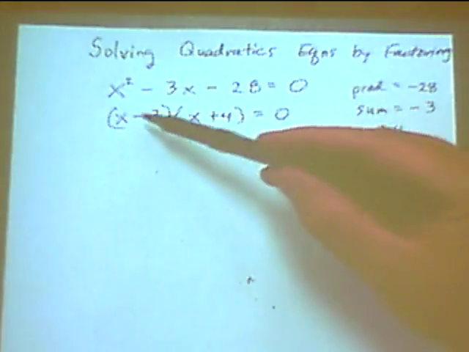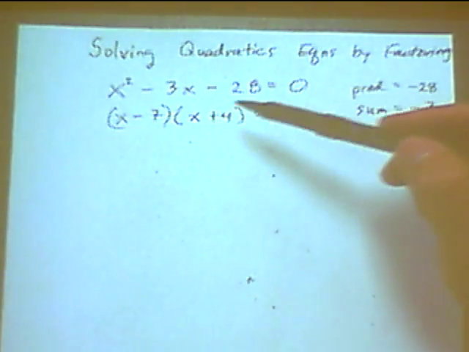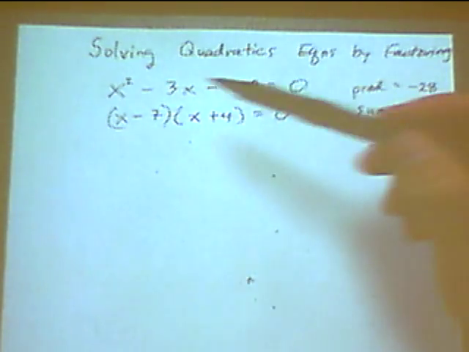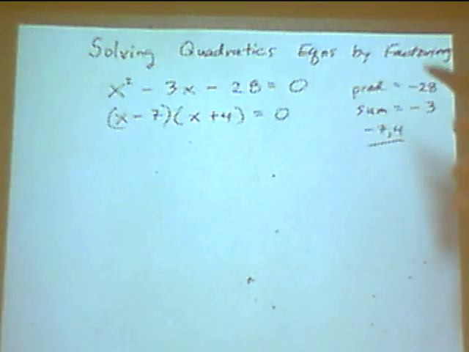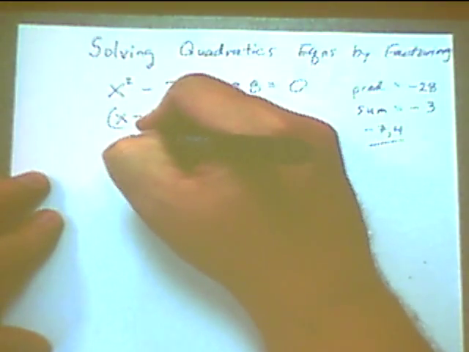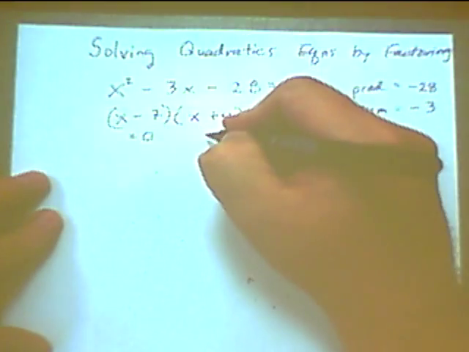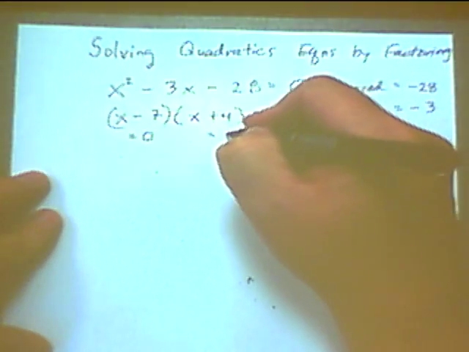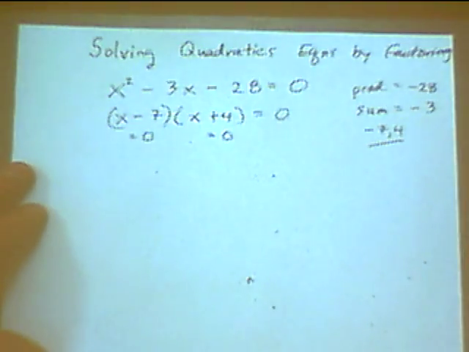When you multiply these two parentheses together and for it to equal 0, one of the parentheses has to be 0. So whatever value would cause the first parenthesis to be 0, or whatever value of x would cause the second parenthesis to be 0, those are both going to be solutions.